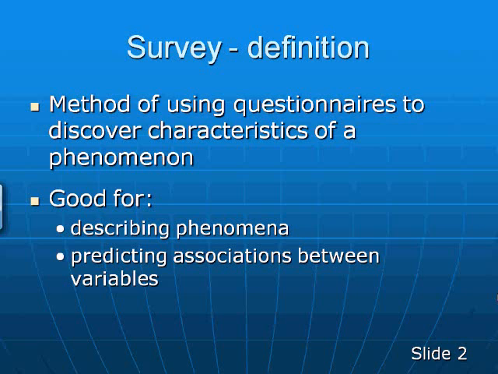And another thing surveys are very good for is the association or predicting associations between different variables. For instance, if you want to know if there is a relationship between your gender and your level of public speaking anxiety, it is very easy to measure this association by using surveys.